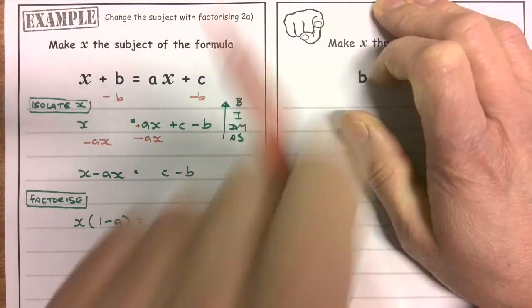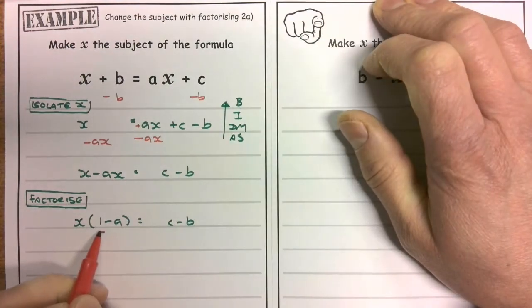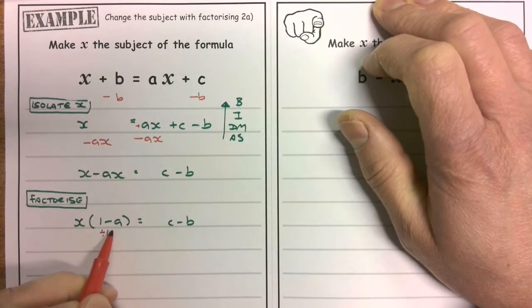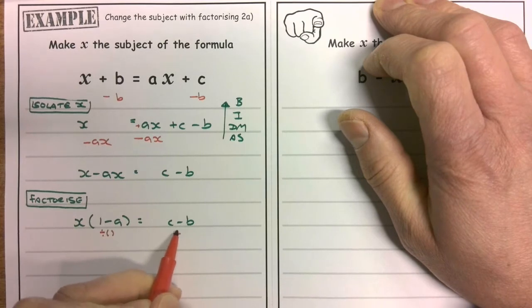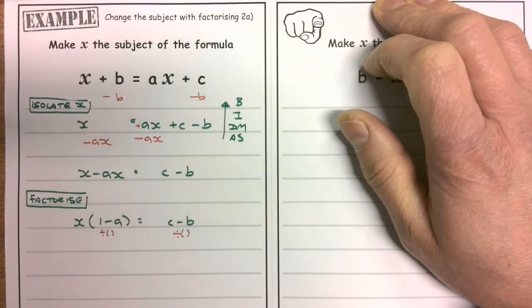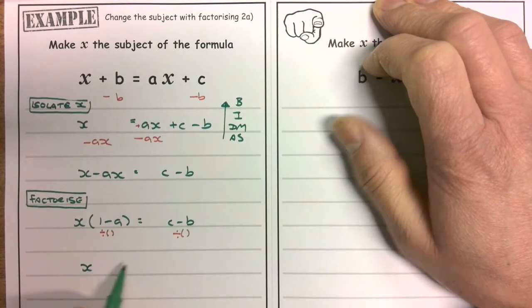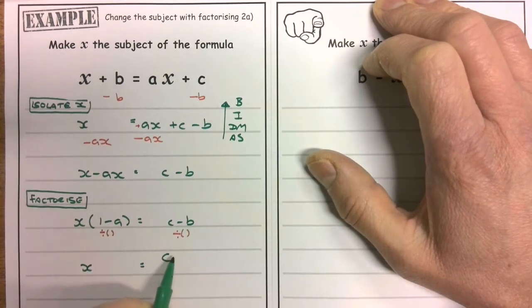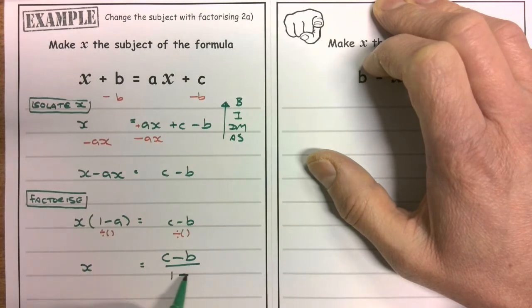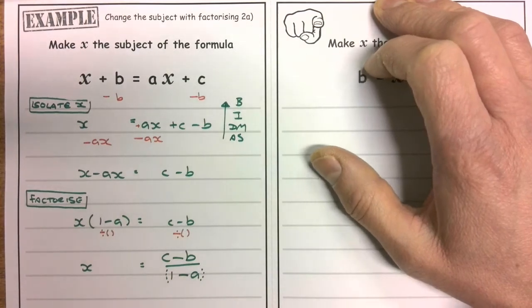The next step is we'll divide through by the bracket, so I sort of shortcut it by doing that. That's my working line. So we end up with x is c take away b over 1 take away a, and of course we don't really need the bracket once it gets on the right hand side.